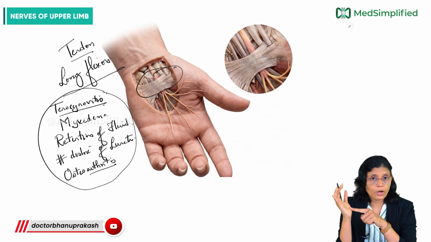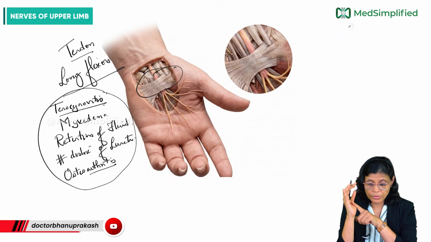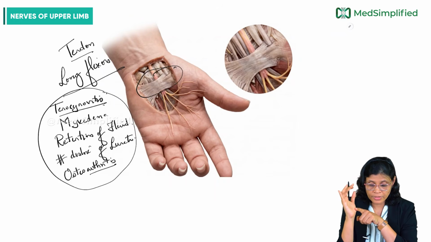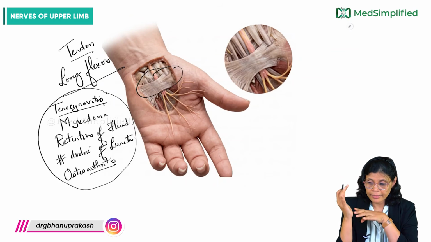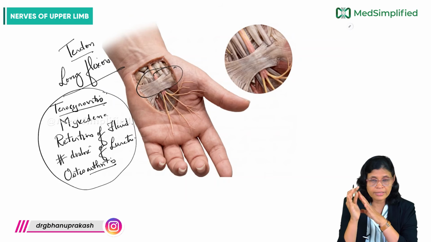There is no sensory loss over the palmar aspect. Why? Because the skin over the thenar eminence is supplied by the palmar cutaneous branch, which arises before the median nerve enters the carpal tunnel. So that is the sensory part.